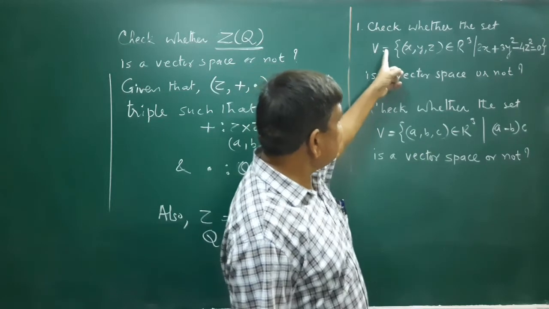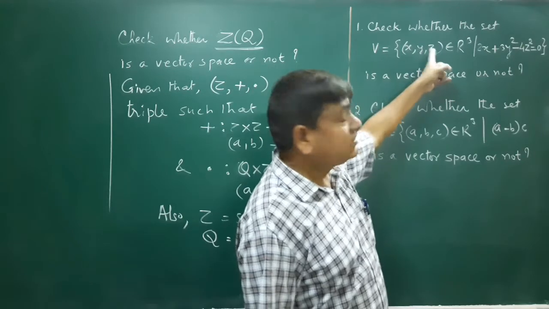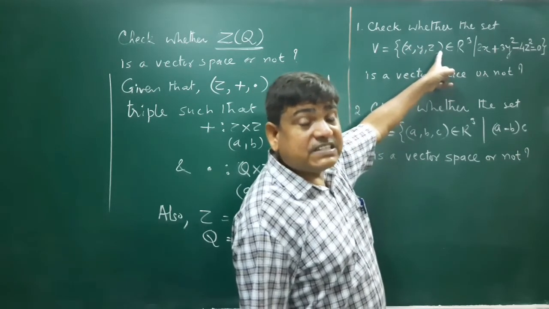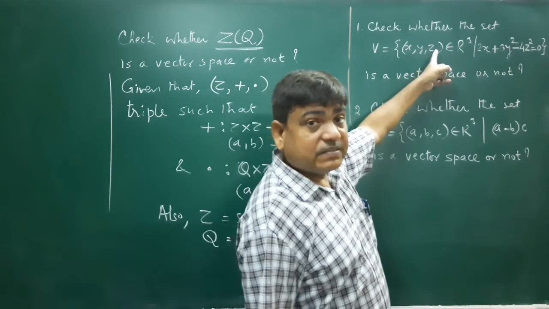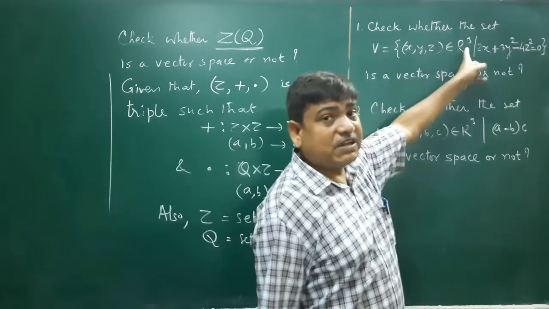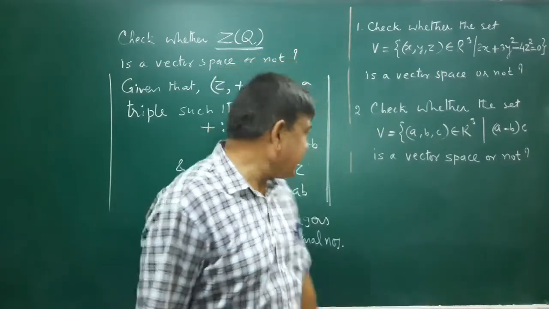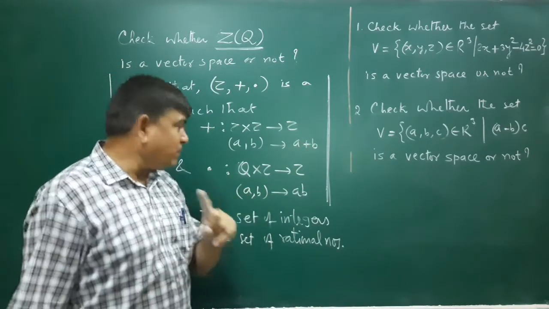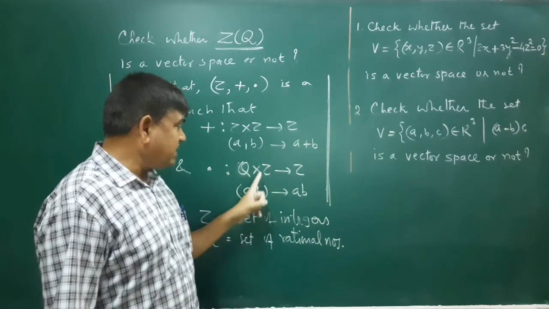V is a set of triplets, means this is a point. X is from R, Y is from R, and Z is from R. So it is R cross R cross R. If you write X comma Y just like A comma P, then first component is from first set and second is from second. So here it is from this one and here it is from this one.